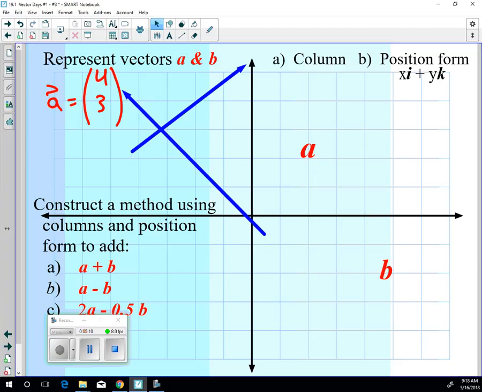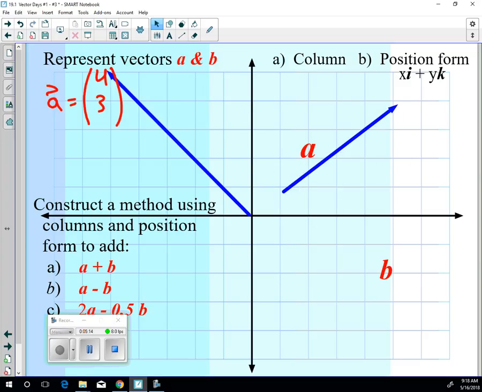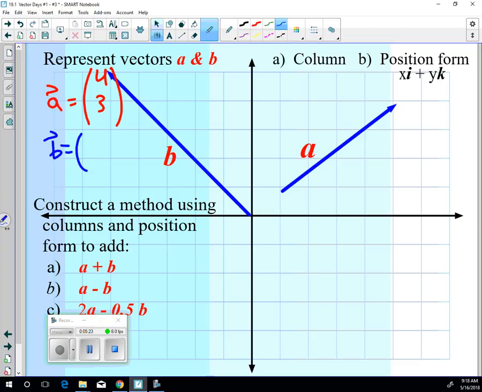And let's go with B now. Tell me about vector B. Vector B is going to be how many i's? Careful. 1, 2, 3, 4, 5. Negative 5 of the i's and how many of the j's? 5 of the j's. No k's because we're not in 3D.